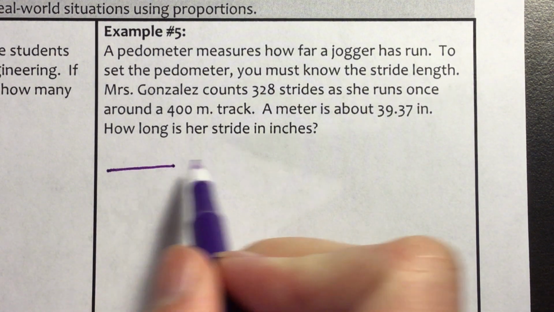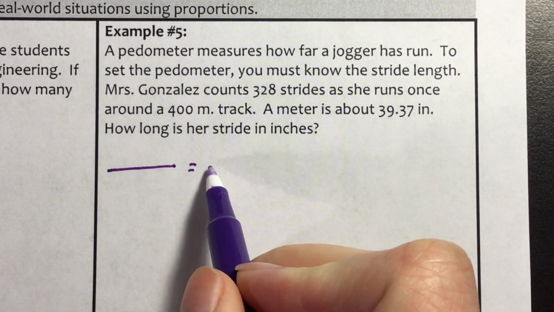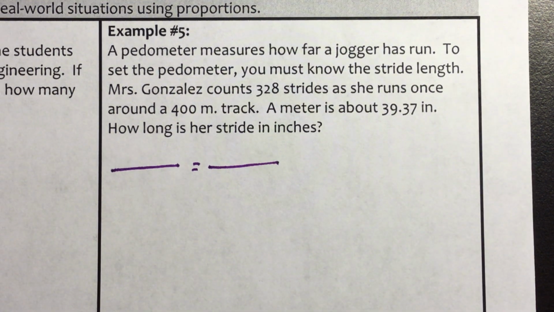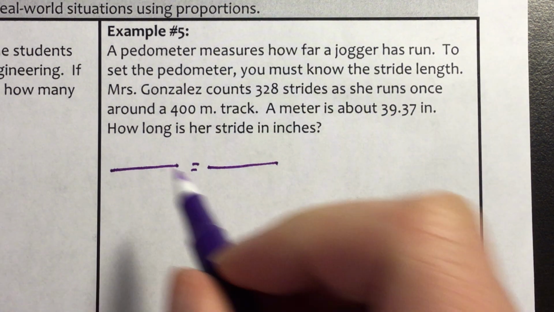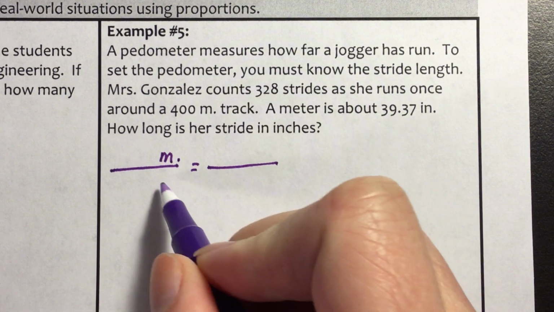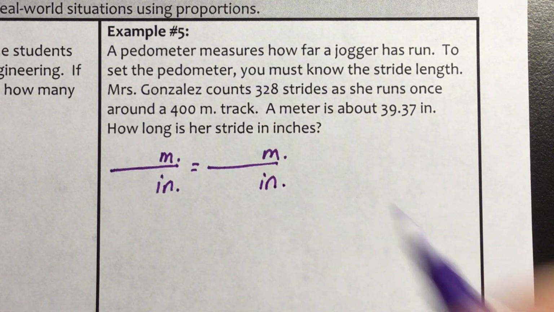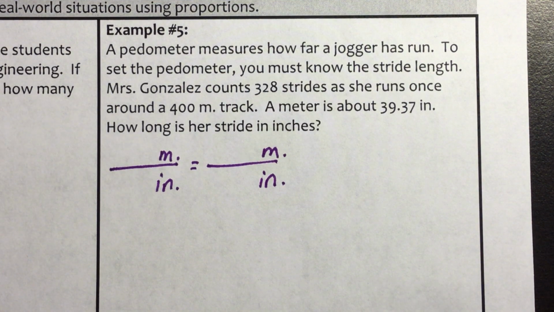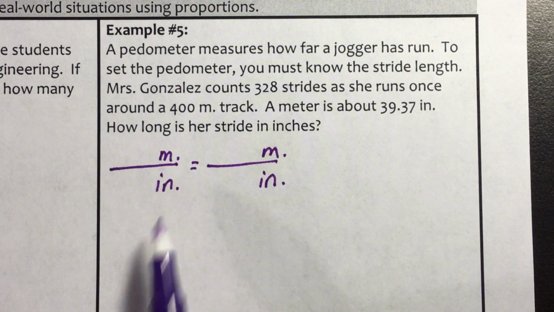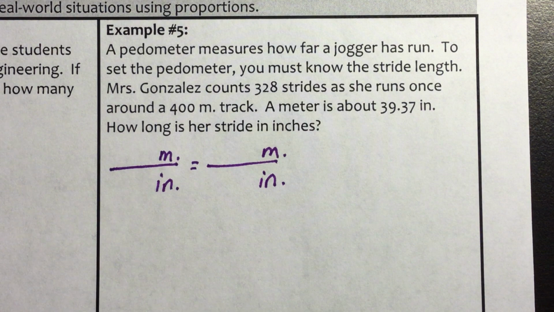So let's go ahead and do that. There's several ways to do this problem. I'm just picking one of the methods. Okay, so we're going to change meters into inches. Another thing to notice, it doesn't matter which one's on top or bottom, meters or inches, as long as both fractions have the same setup.